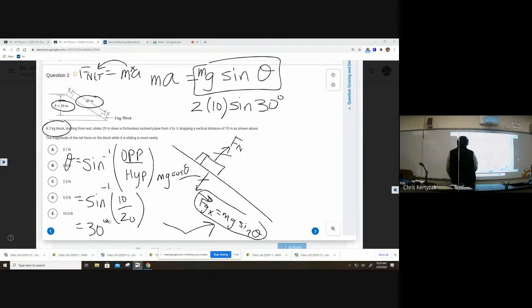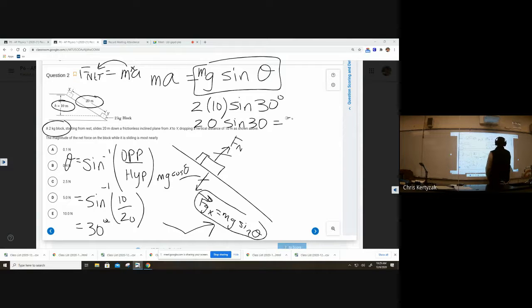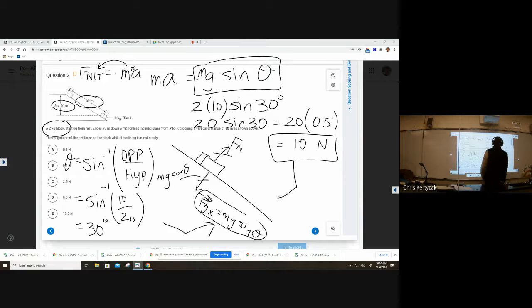It would give you 30 degrees. So if you wanted to use the angle, again, you could put sine 30 there. 20 sine 30. I know that that's 20 times the ratio, again, of opposite over hypotenuse, which is 10. So the amount of unbalanced net force, which is right there, FGX, is E, 10 newtons.